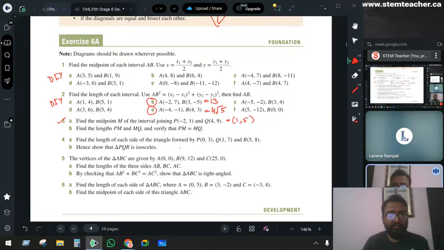And find the lengths of PM and MQ, and verify that both are equal. Can you do this, B? Okay. And please confirm the PM and MQ lengths.